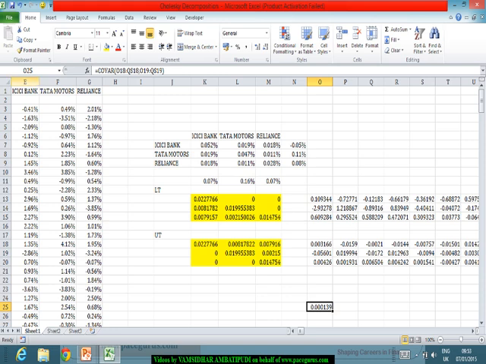It might very well happen that the returns of ICICI Bank may not be purely normal in nature. If I look at the skewness, yes, there is some skewness in case of ICICI, some skewness in case of Tata Motors. Even if I look at kurtosis, I see that the kurtosis is very positive here and very positive in all, which means there could be a few extreme values present in the data.